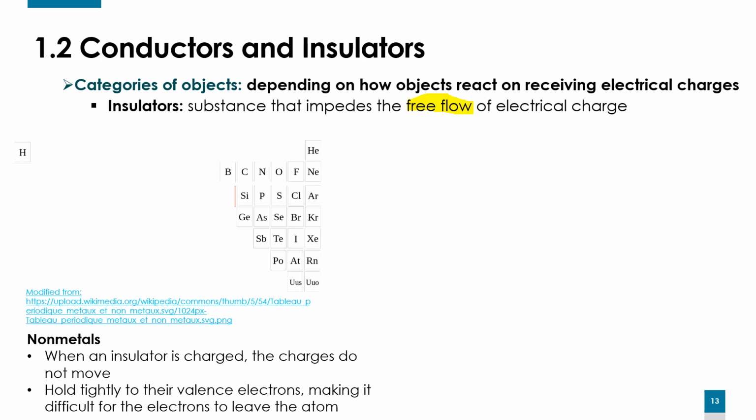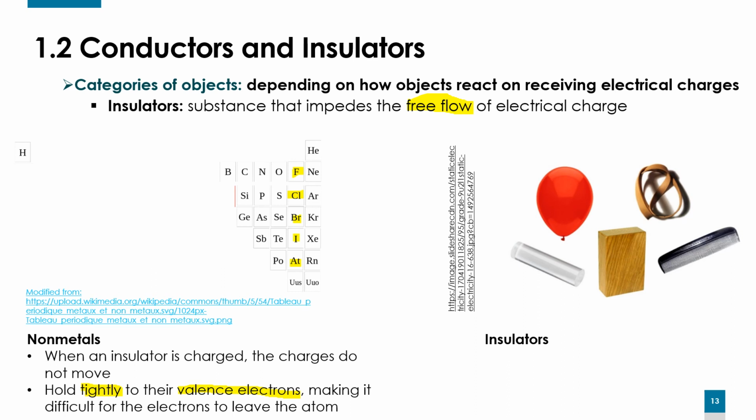Because the electrons are held tightly to their atoms, making it difficult for the electrons to leave. For example, family 7 elements don't want to lose electrons because they have 7 electrons in the last shell. So the electrons are highly attached, and it's very hard to remove one from them.